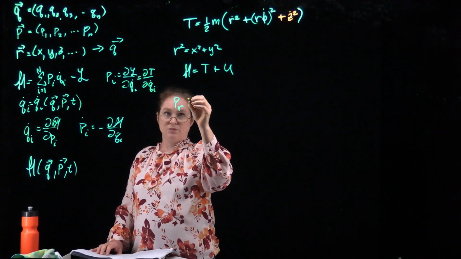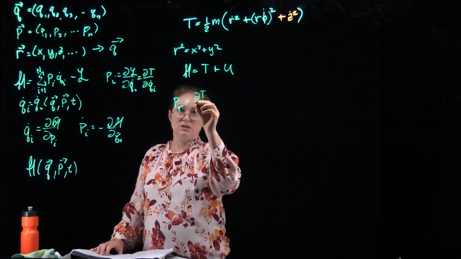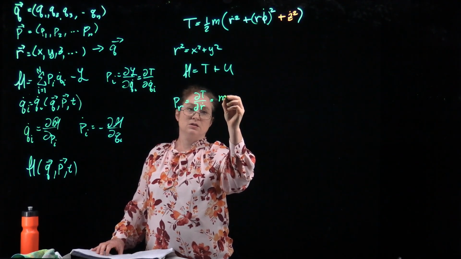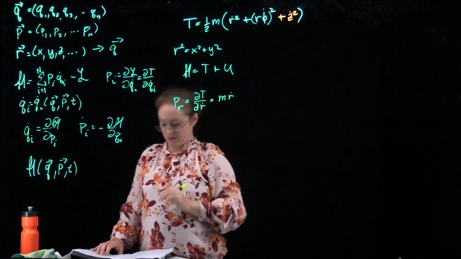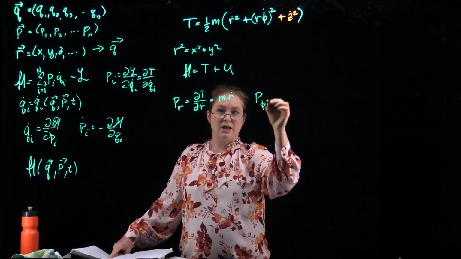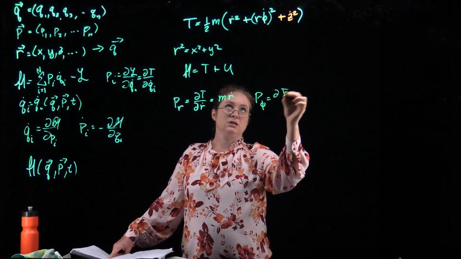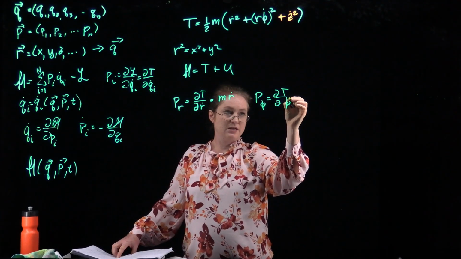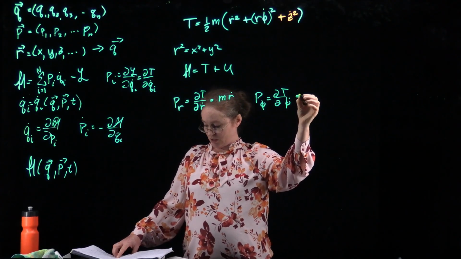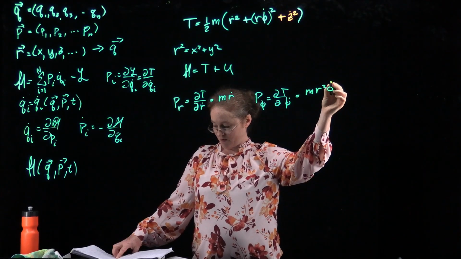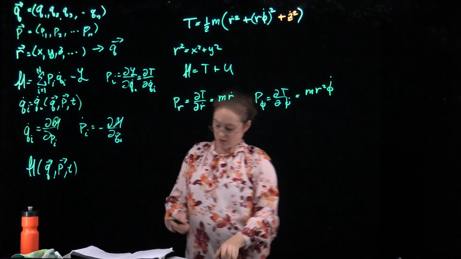So this is going to be partial T, partial r dot, which is just m r dot. p phi is partial T, partial phi dot, which is m r squared phi dot.